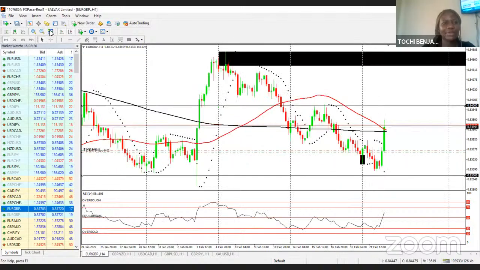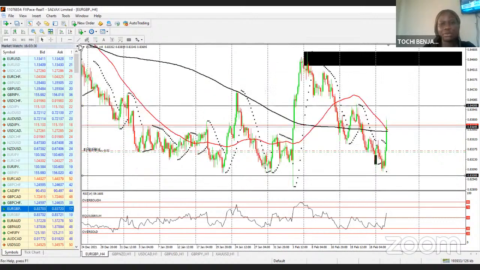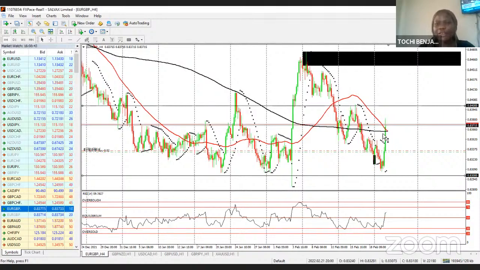This is our 84,000 around this region. That means if price comes back to this zone, I can use my 84,000 as my take profit.